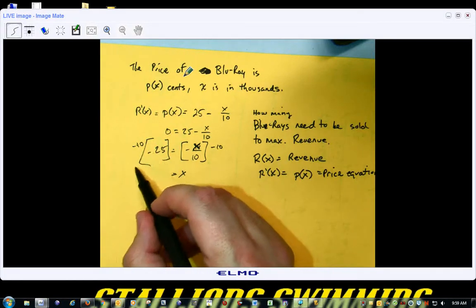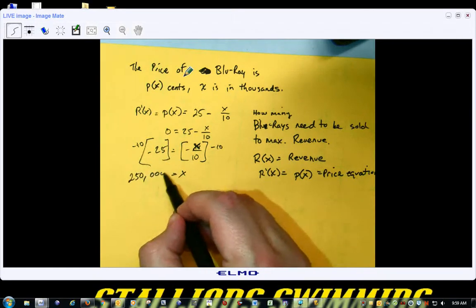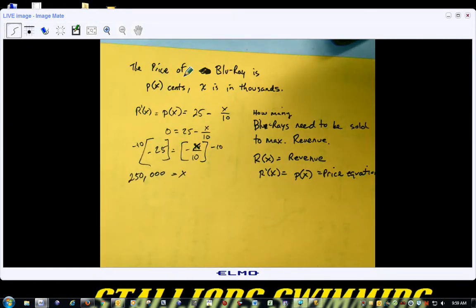So why did I put it in thousands? Yes. So remember, if it's in thousands, a nice thing like this, for your test, yes, you can just say, all right, P of X is, all I have to do is set it equal to 0, solve for X, and be done with it.